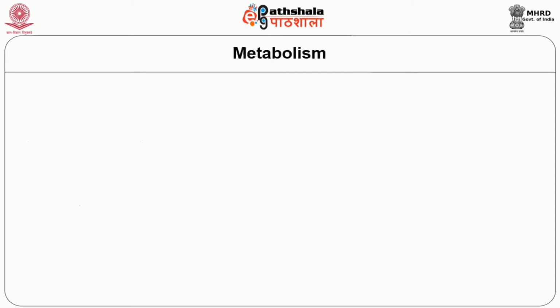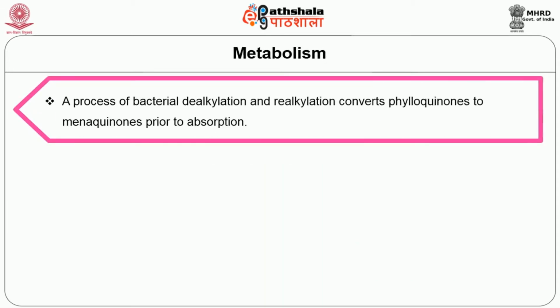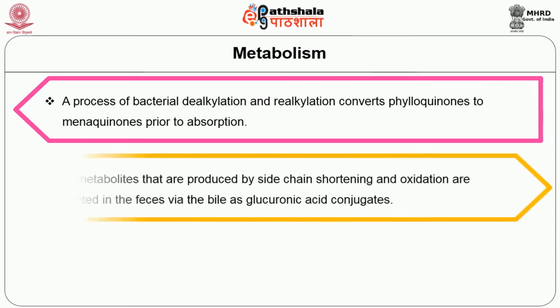Let us look into the metabolism of vitamin K. This occurs in a series of processes of bacterial dealkylation and realkylation that convert phylloquinones to menaquinones prior to absorption. The metabolites that are produced by side chain shortening and oxidation are excreted in feces via the bile as glucuronic acid conjugates.